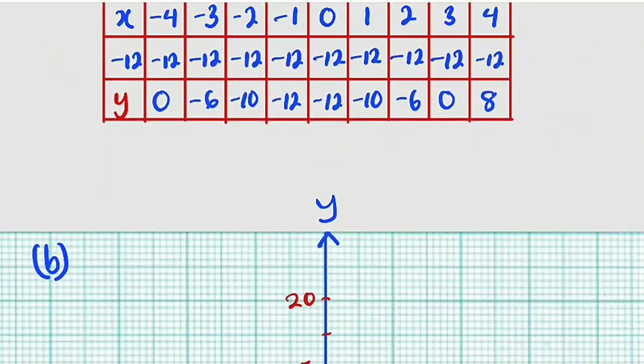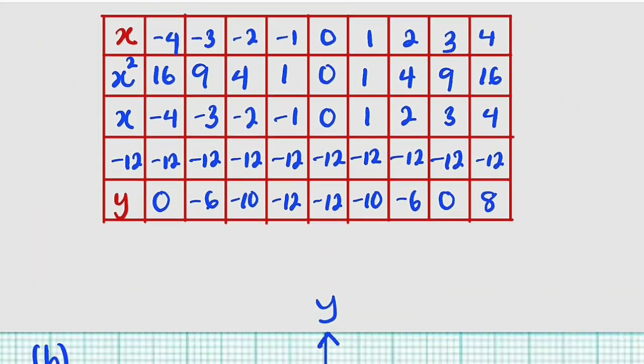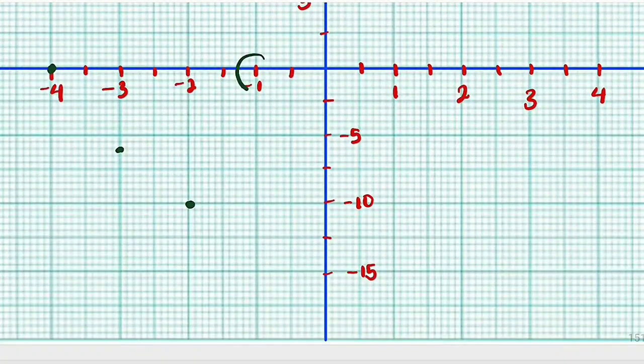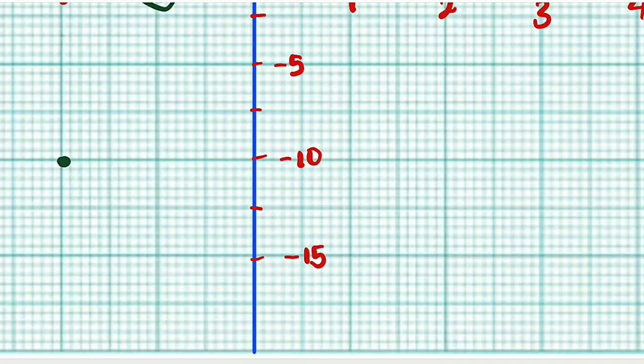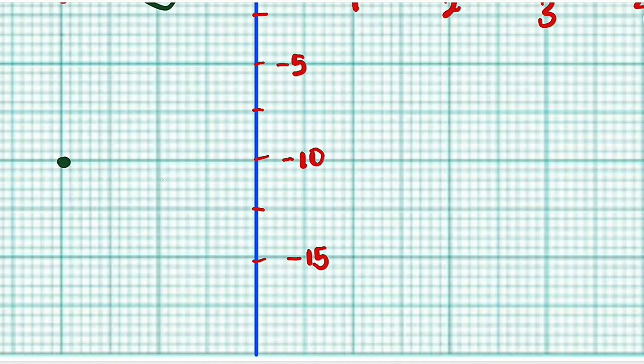Let's continue. Then -1, -12. This is -1. Let us locate -12. You know that this is -10, so we need 4 small lines extra. Let me zoom in a little bit. 1, 2, 3, 4, somewhere here.